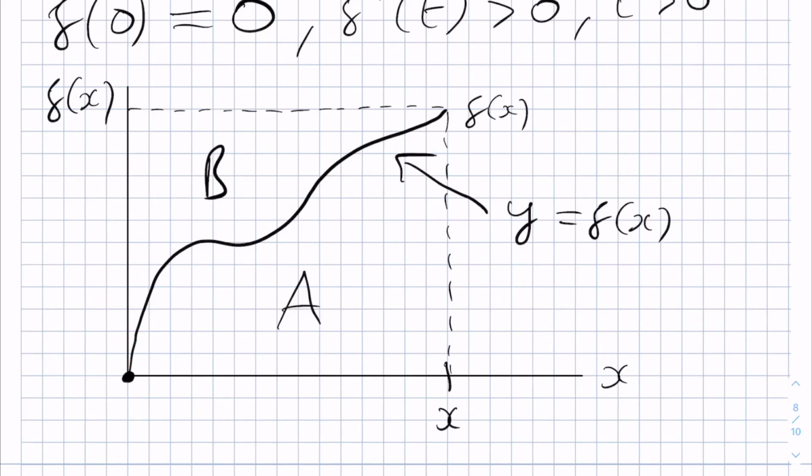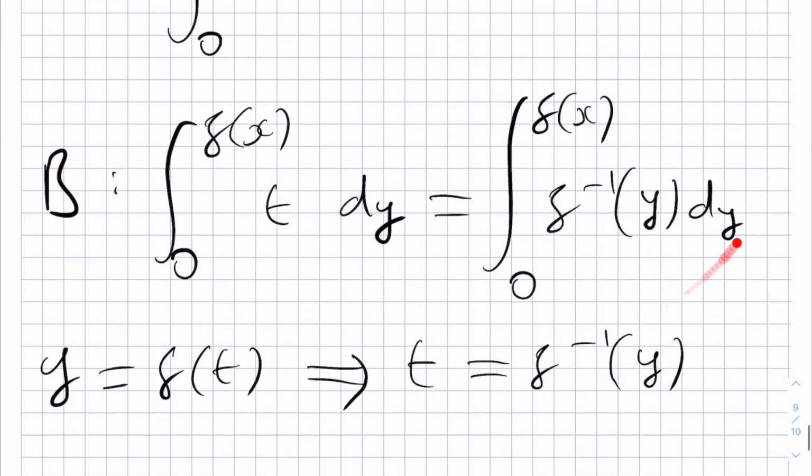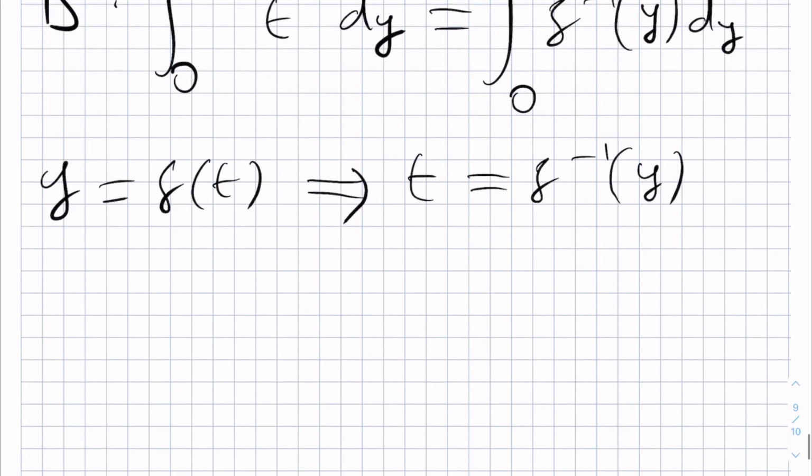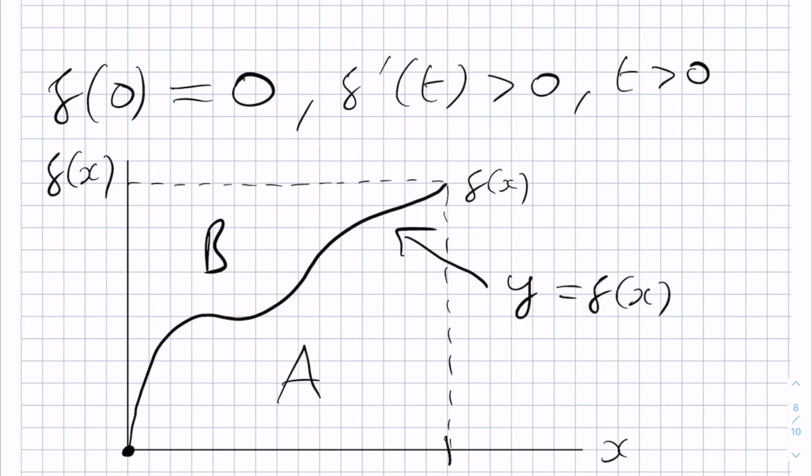So now we've noticed that A and B are quite similar to what we have in the integral relation that we want to show. In particular, we consider A plus B, and we want to show that that's equal to the right-hand side, which is x f of x. Well, quite nicely, A plus B is the entire area of this rectangle here.